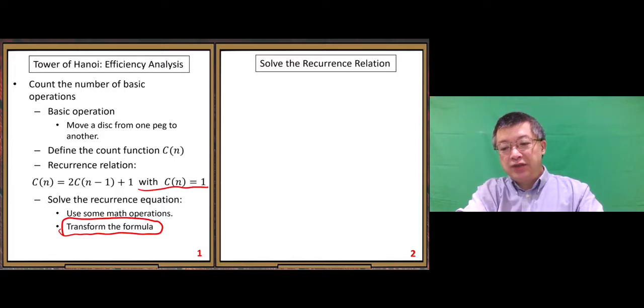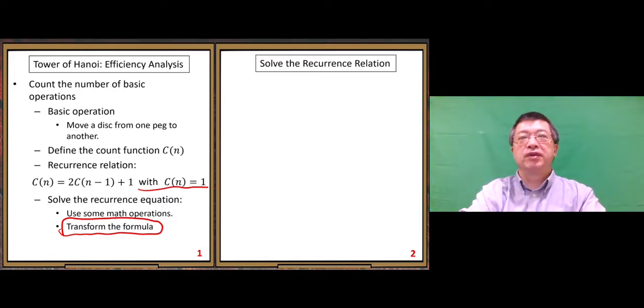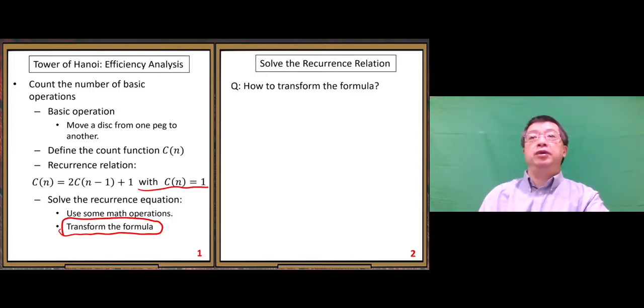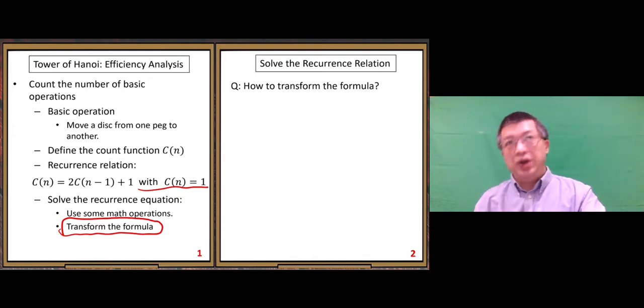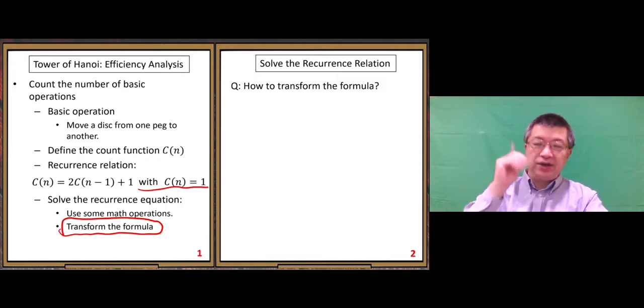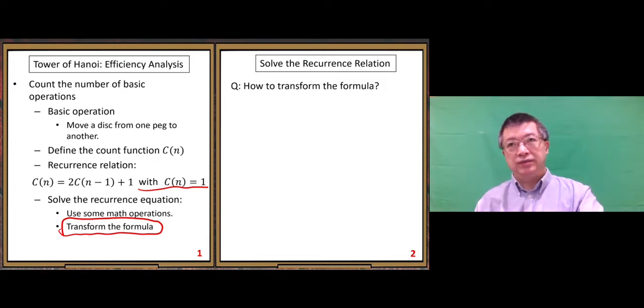All right, so let's solve the recurrence relation. The main question we need to answer: how to transform the formula? That's the hardest part. If you can do it, then you almost solve it. So let's take a look. How do we do it?